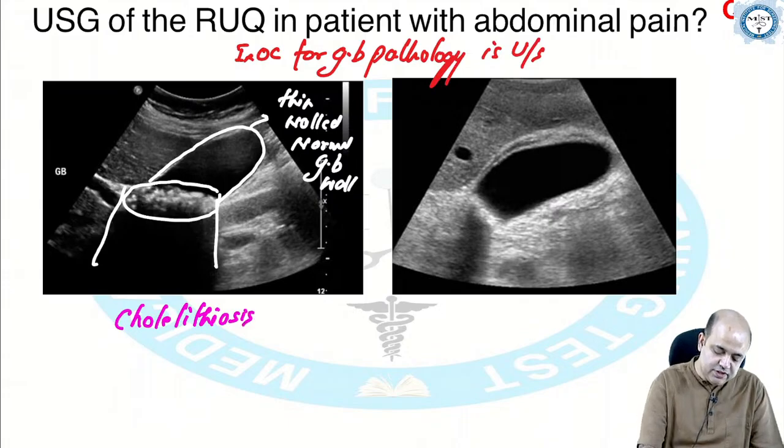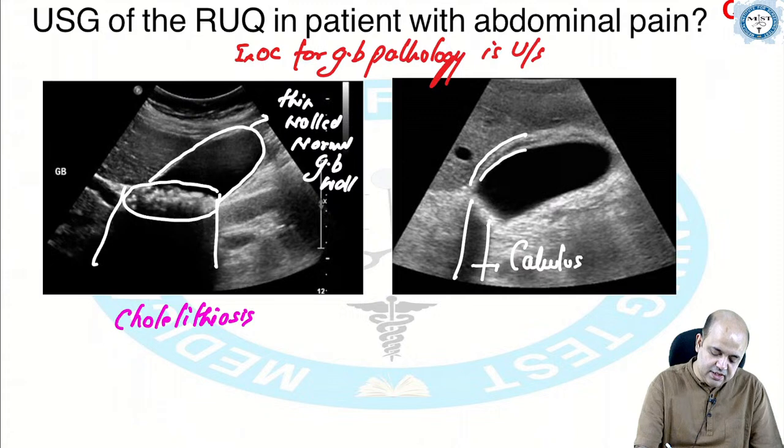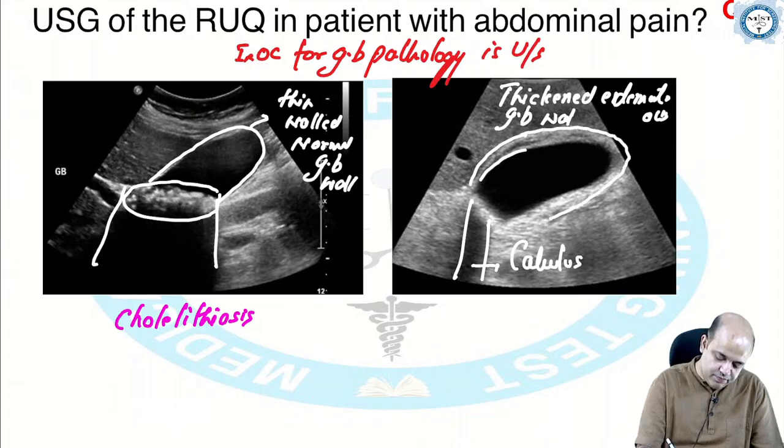And here what do we see? We see that the gallbladder wall is edematous and there is a calculus. This is the wall of the gallbladder.